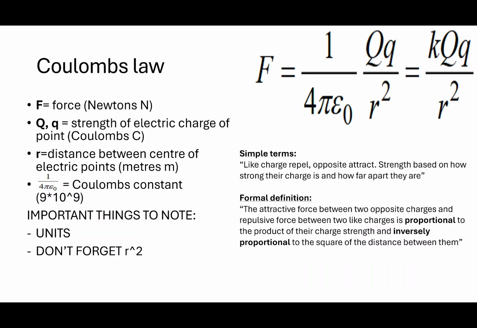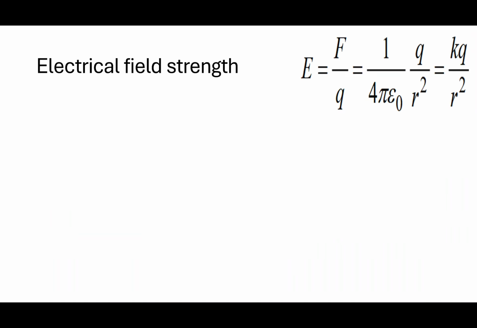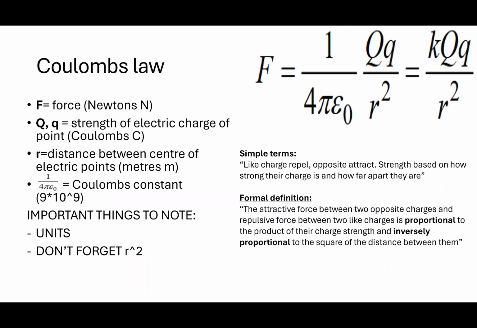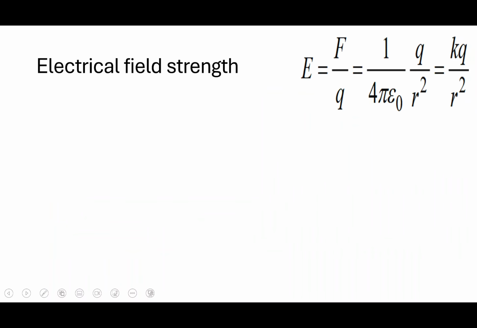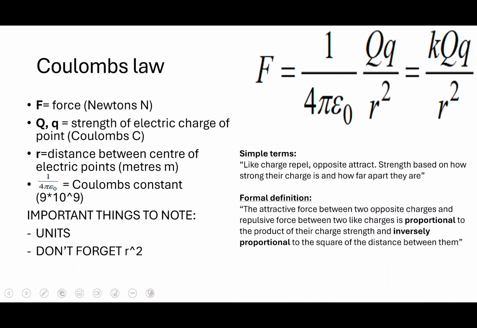The formal definition is that the attractive force between opposite charges is proportional to the product of the charges, and it's inversely proportional to the square of the distance. The force is repulsive when the charges are the same. So if they're negative and positive, they're opposite, so they attract. If it's positive, positive, or negative, negative, then they're the same and they repel.